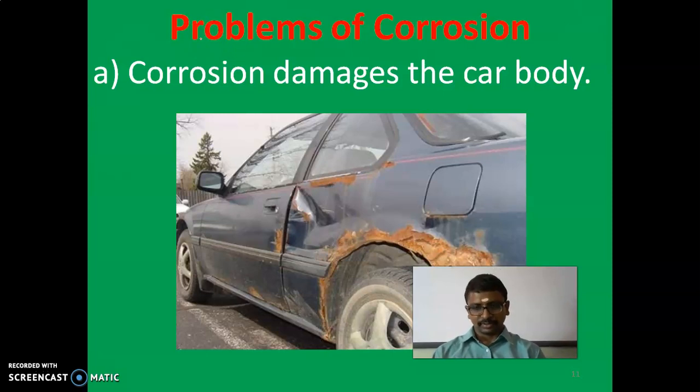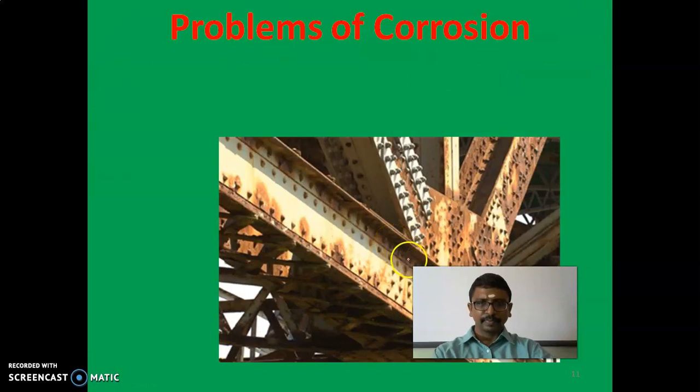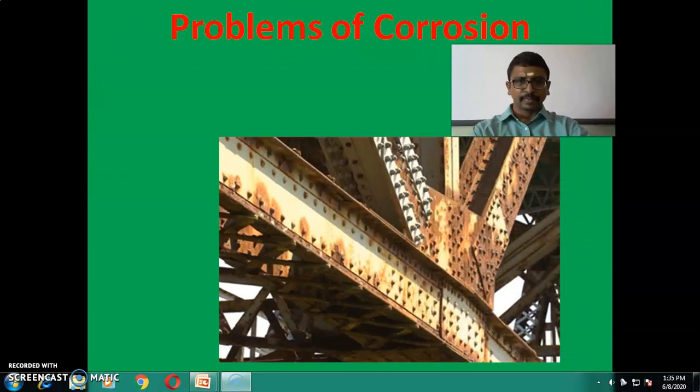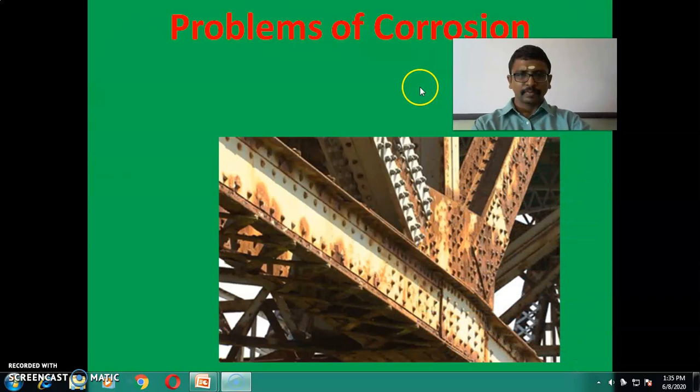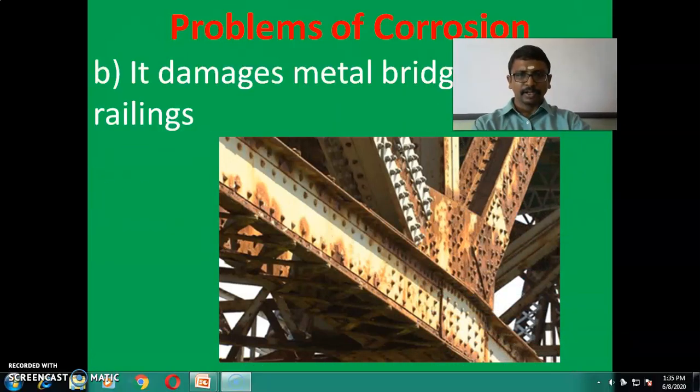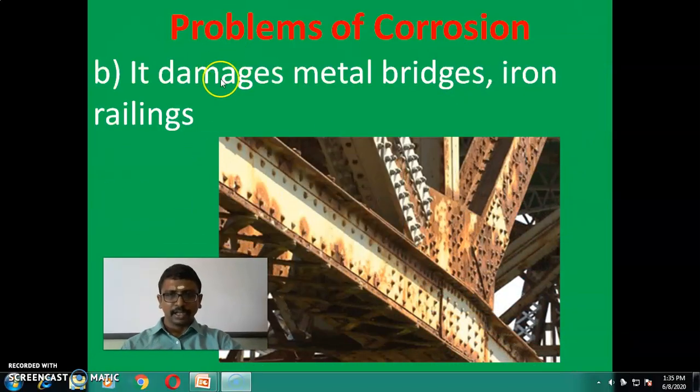So what are the problems? The first is that corrosion damages the car body. You can see here, because of corrosion it damages the car body. And it damages metal bridges and iron railings.